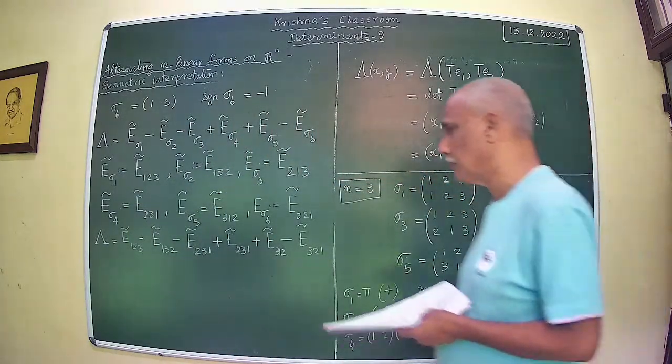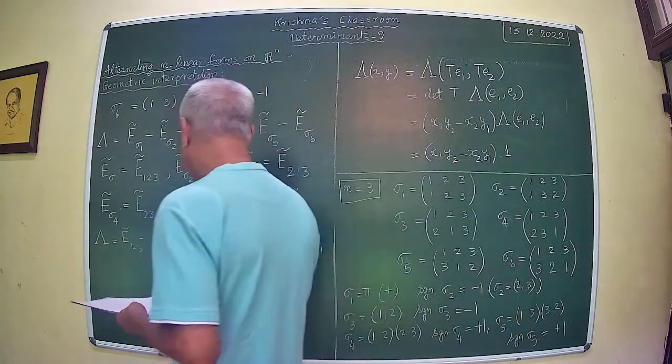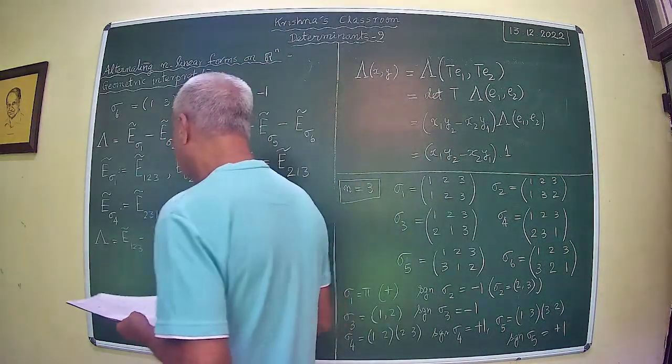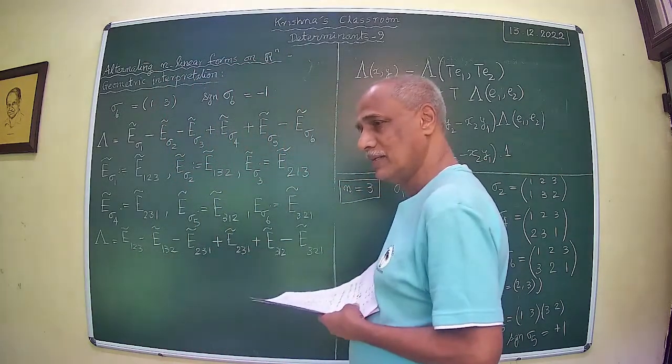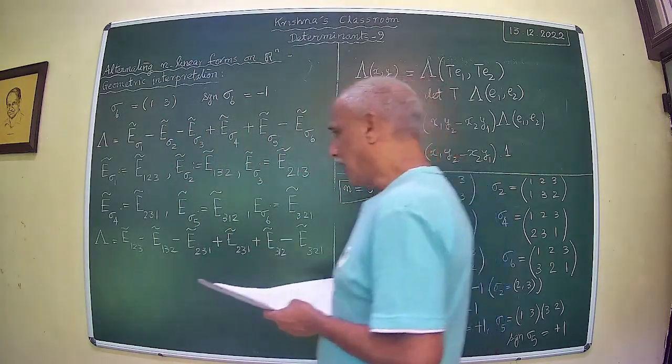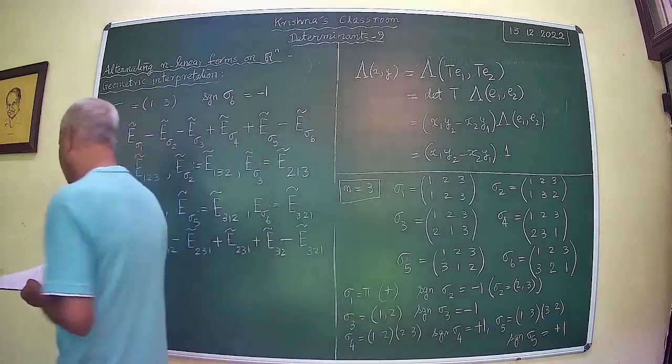So these are the permutations. This is the expression in terms of E i j k. Okay, right?